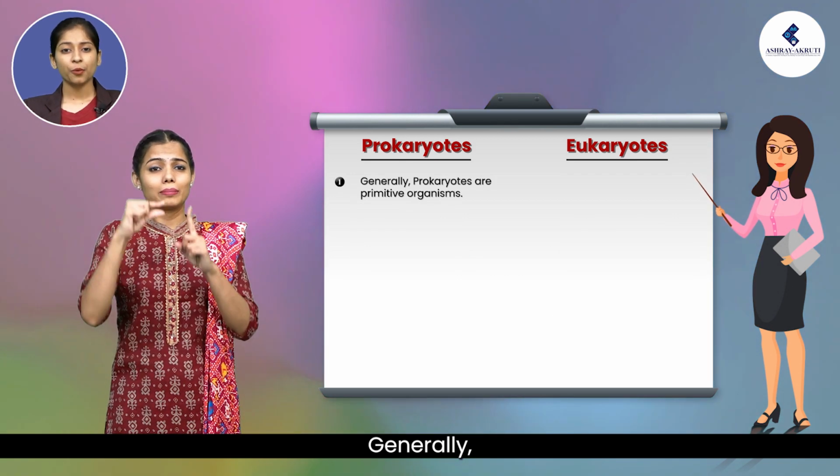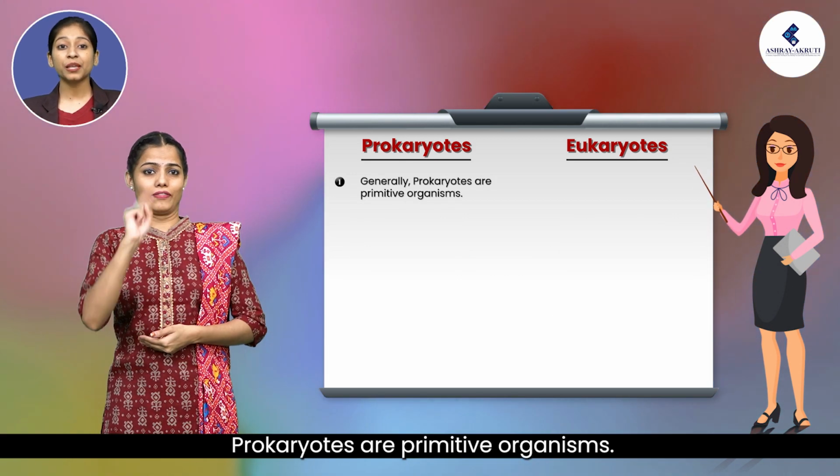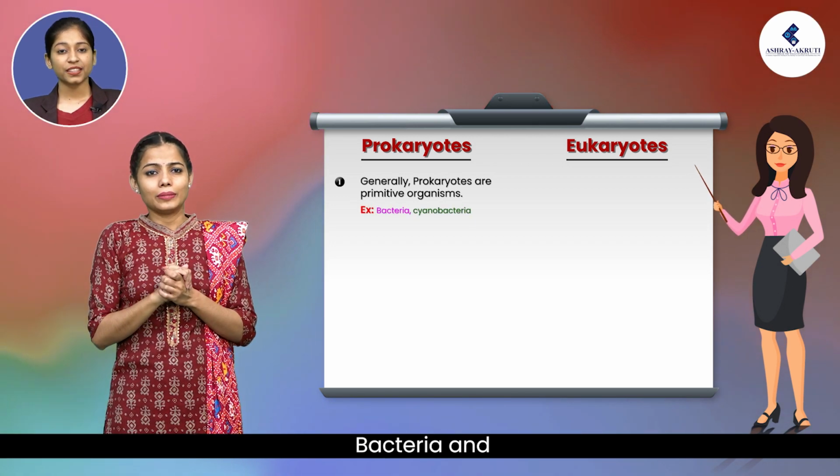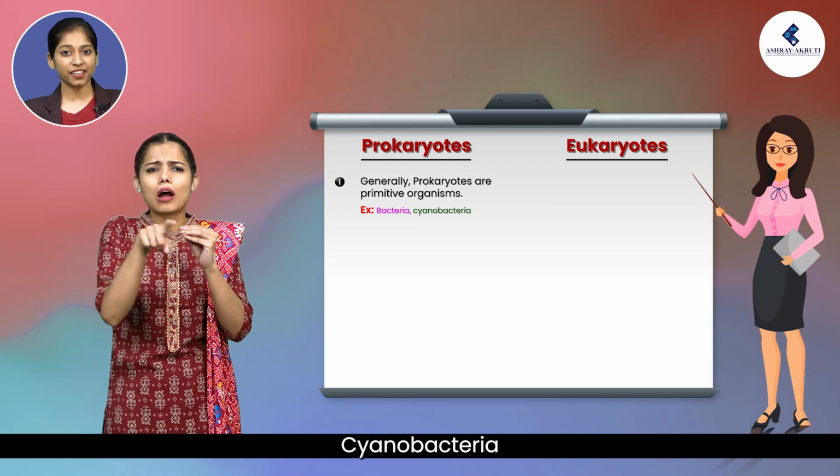Generally, prokaryotes are primitive organisms, for example bacteria and cyanobacteria.